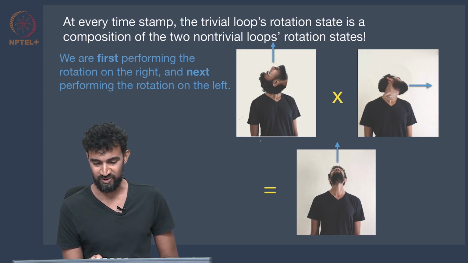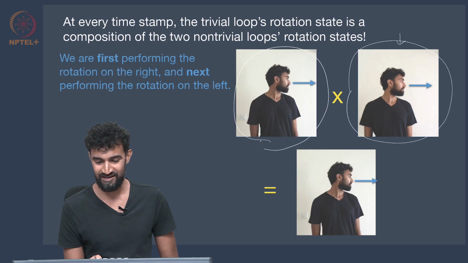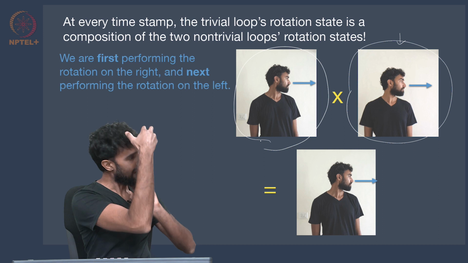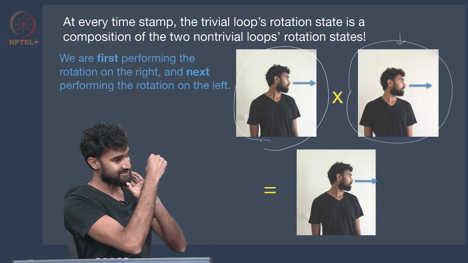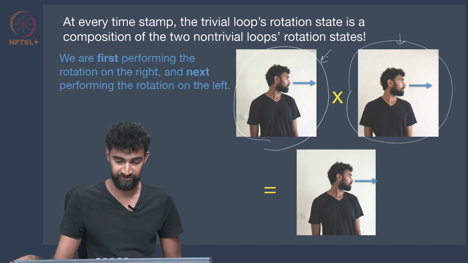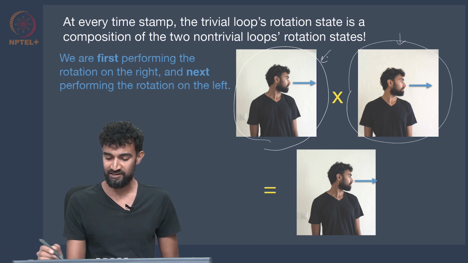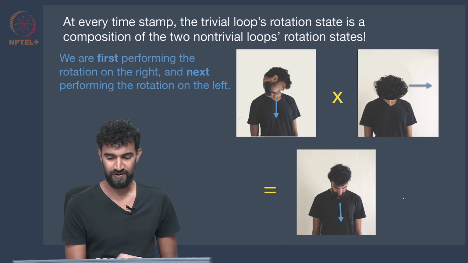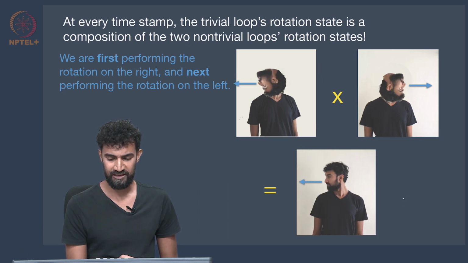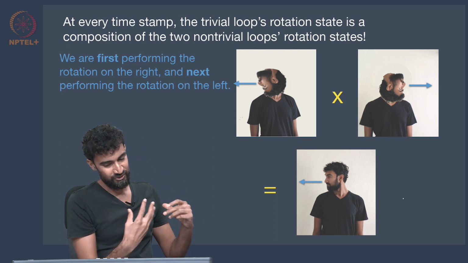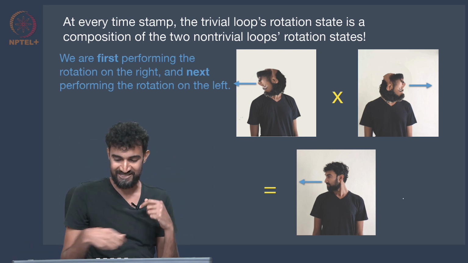So maybe I'll just rewind and see it again. Notice that at every time step, if we first perform the twist and then rotate the nose axis to wherever it's supposed to be based on this outer frame, we end up with the trivial loop. So at every time frame, for example here, I've rotated by 180, and then I've rotated my nose axis by 180.